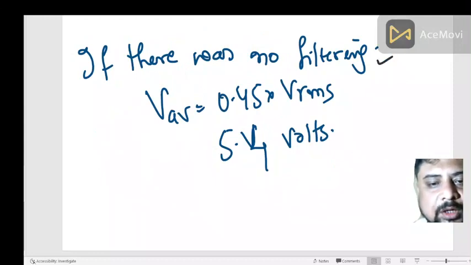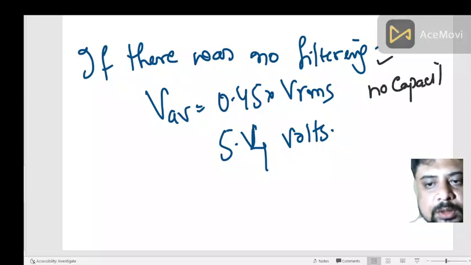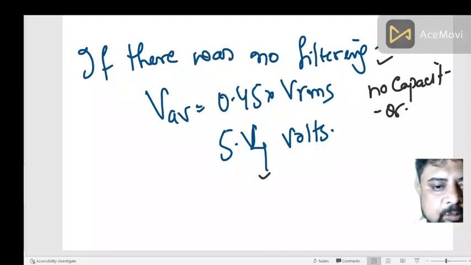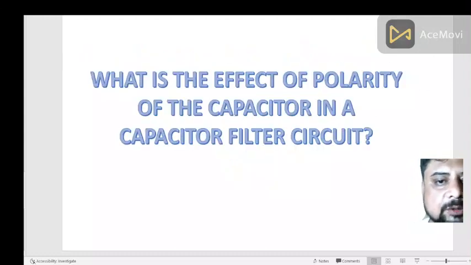If there is no filtering, then you can use the 0.45 factor because there is no capacitor, so there is no question of charging to peak value. You multiply by the factor 0.45 used in AC analysis and you get 5.4 volts. So you can clearly see the difference.